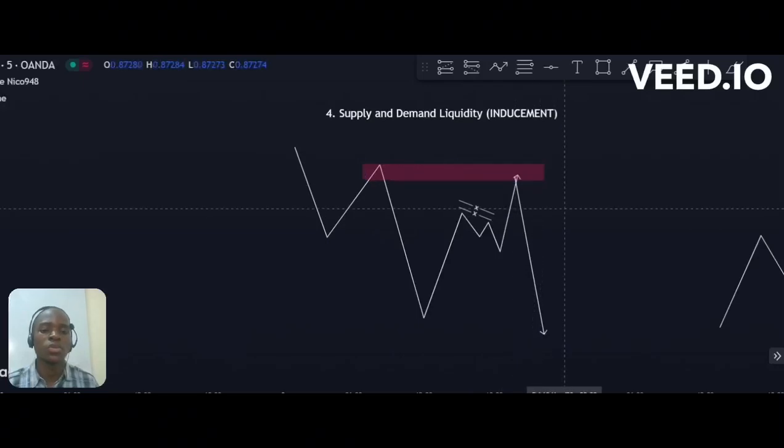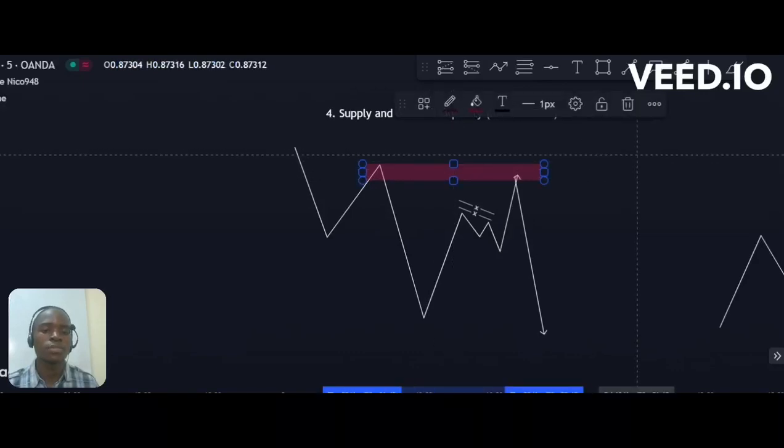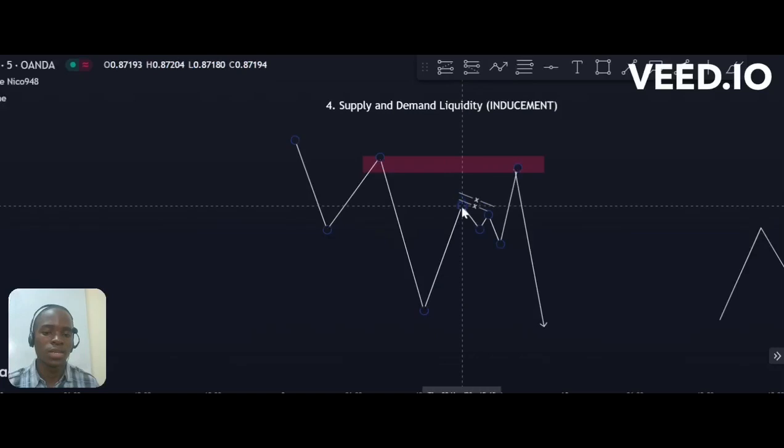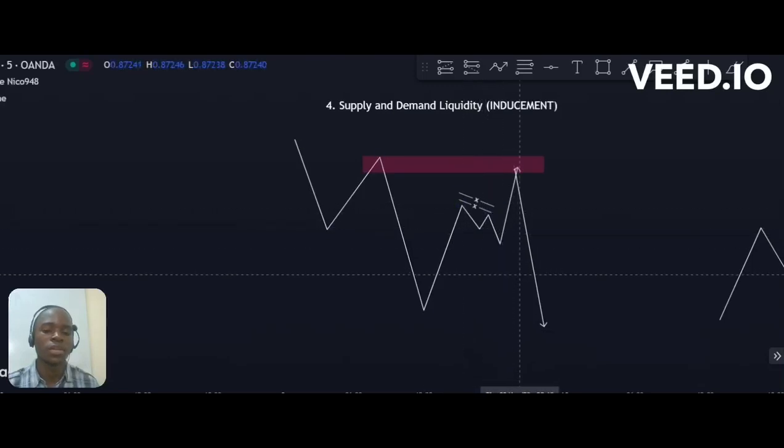So we have a demand, a supply zone here. Price comes, but before it taps into the supply zone, it now starts selling. So a trader with a fear of missing out will now enter that trade because yes, it hasn't reached the supply zone, but it has started going to the downside.